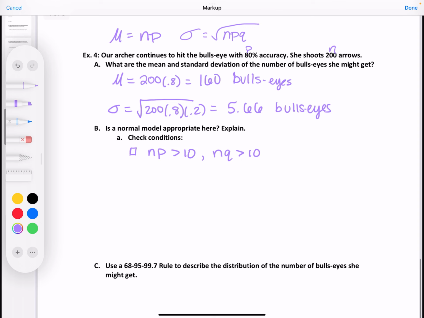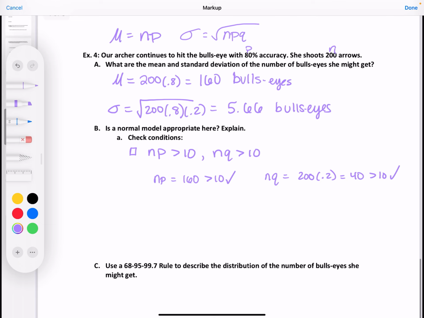So we're gonna check this. n times p is equal to, and we already did that, that's 160, which is greater than 10, so we're good on that one. n times q is 200 times 0.2, which is 40, which is greater than 10, so that one's good too.